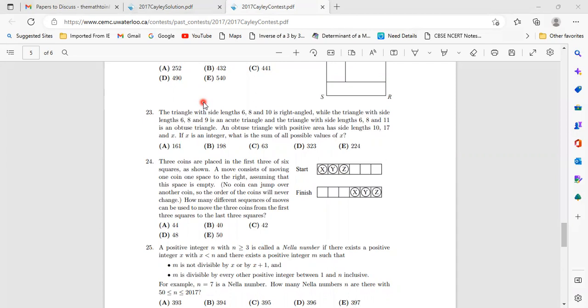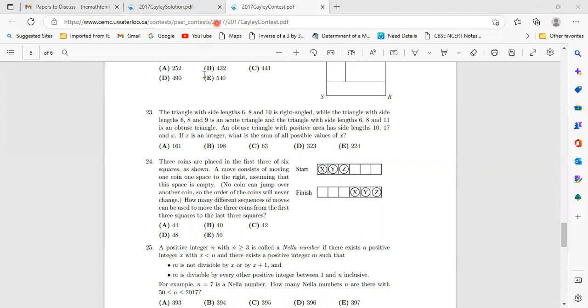The triangle with sides 6, 8, and 10 is right angle, while the triangle with side lengths 6, 8, and 9 is an acute triangle. The triangle with sides 6, 8, and 11 is an obtuse triangle. An obtuse triangle with positive area has side lengths 10, 17, and x. If x is an integer, what is the sum of all possible values of x?